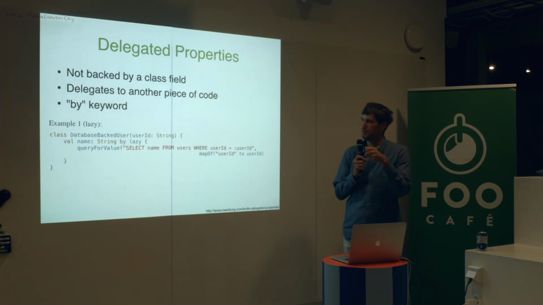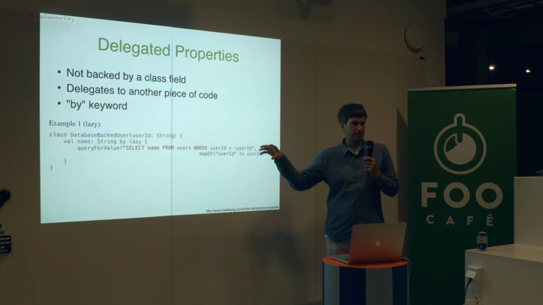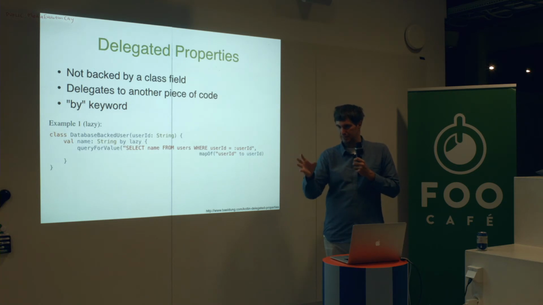Well, simply put, delegated properties are properties that are not backed by a field. They're backed by something else. And so essentially it can be used to delegate to some other code. We were talking about inheritance before, and I think this solves one of the things that you typically use inheritance for in Java many times.